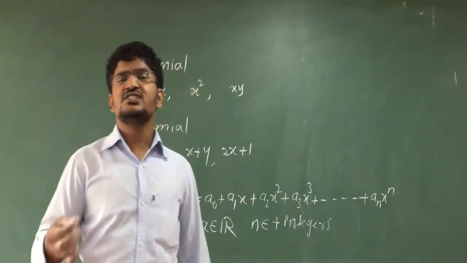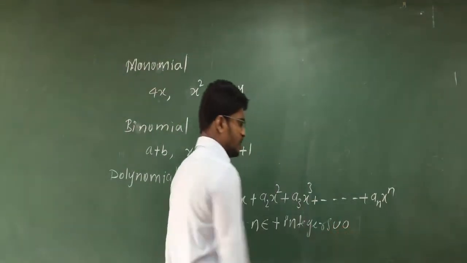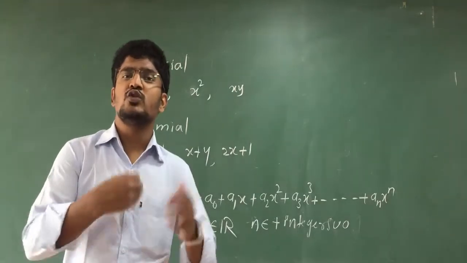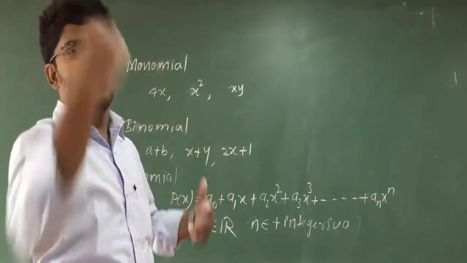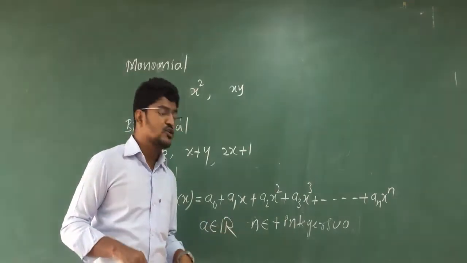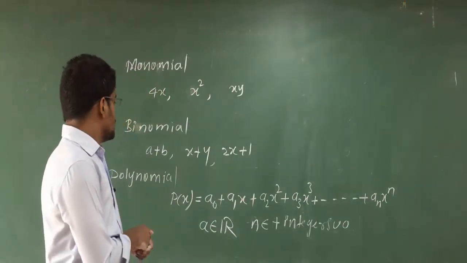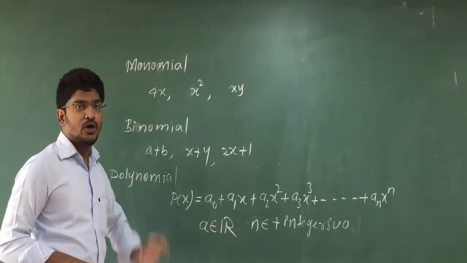Clear? Positive integers including 0, positive integers union 0. That means 0, 1, 2, 3, 4, 5, 6, 7, 8 and so on towards n. So a belongs to real numbers, n belongs to positive integers union with 0. Clear? Okay. So this is the definition of polynomial.